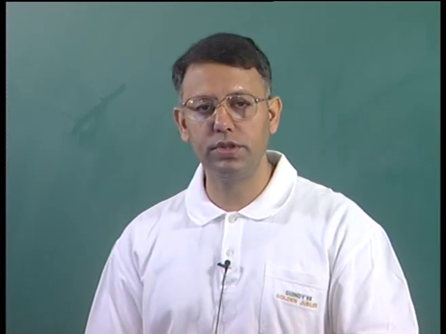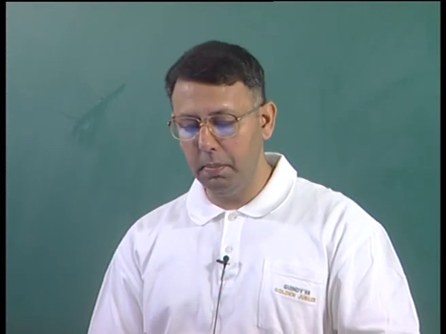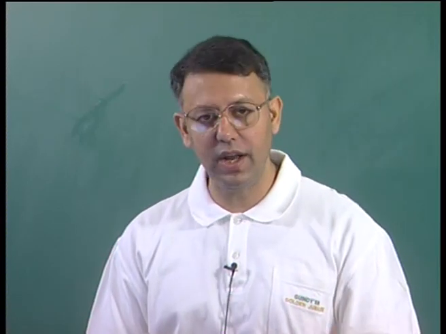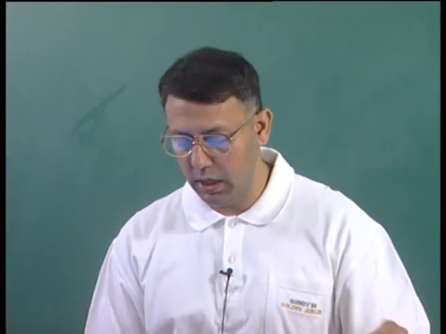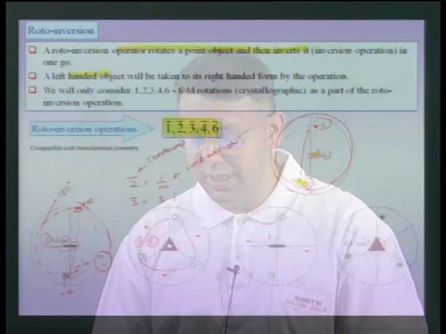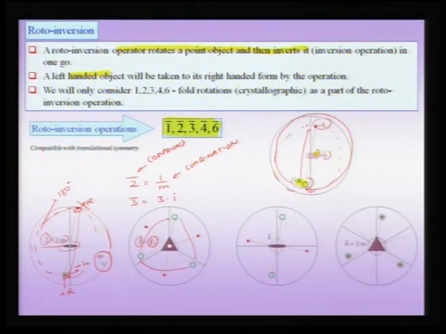Let us try to understand this 3 bar rotoinversion operation with respect to a cube. Where is a 3 bar rotoinversion operation in a cube, and what do we see in it? There are 6 points which are created by this operation.